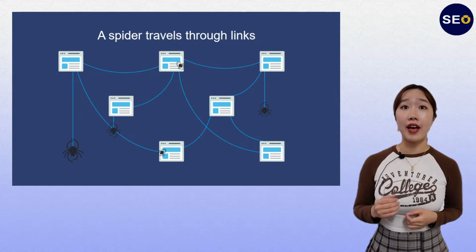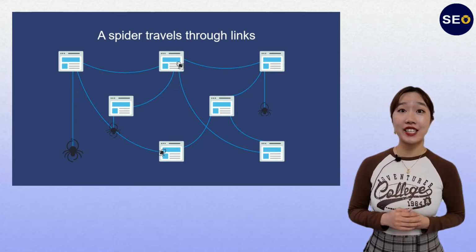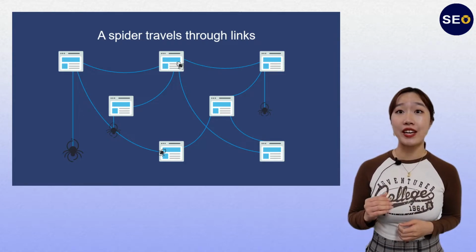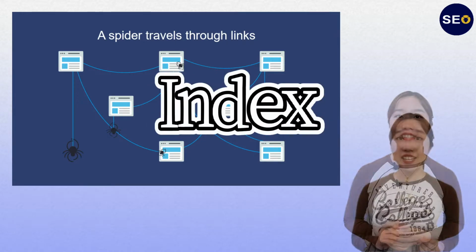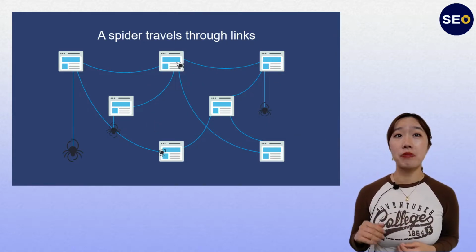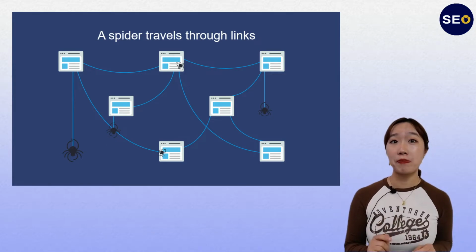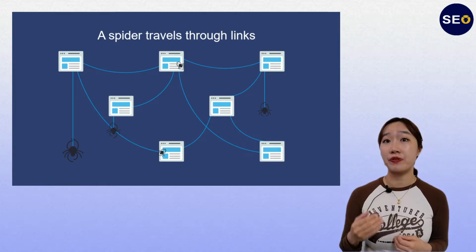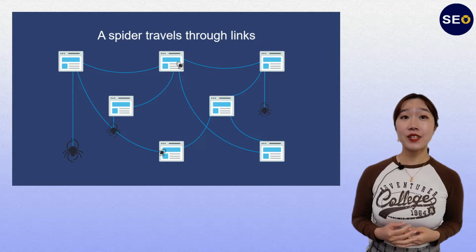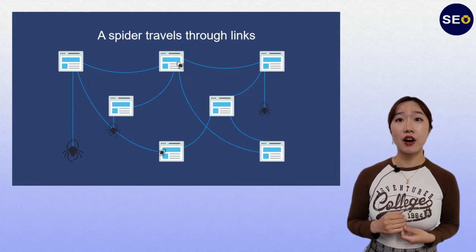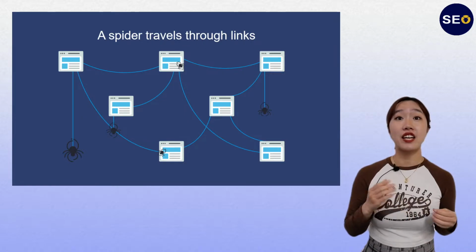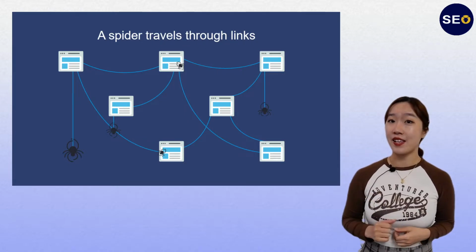Once it comes to a web page, it saves an HTML version of the page in a gigantic database called the index. The index is updated every time the spider comes around your website and finds a new or revised page on it. Depending on how important Google deems your site and the number of changes you make, the spider comes around more or less often.